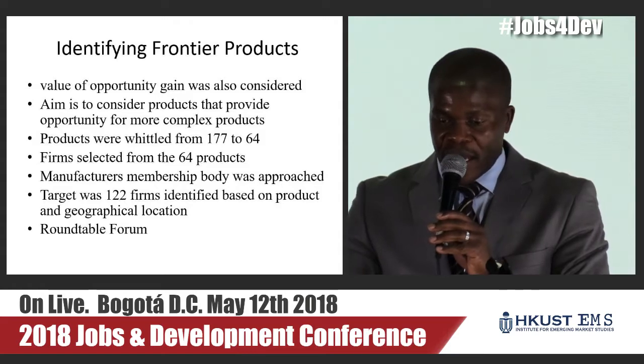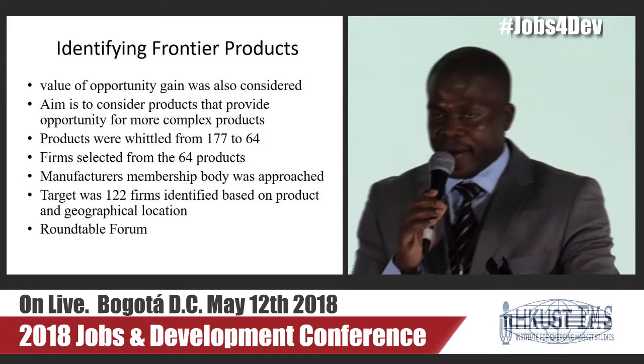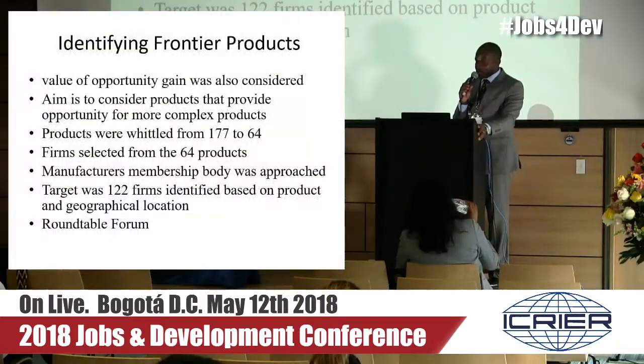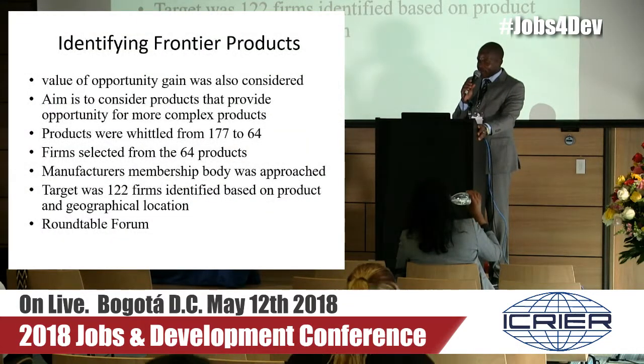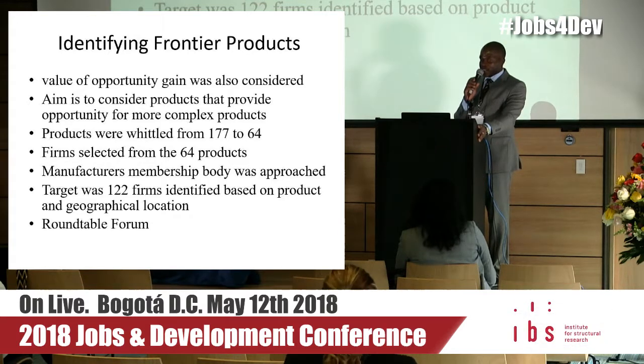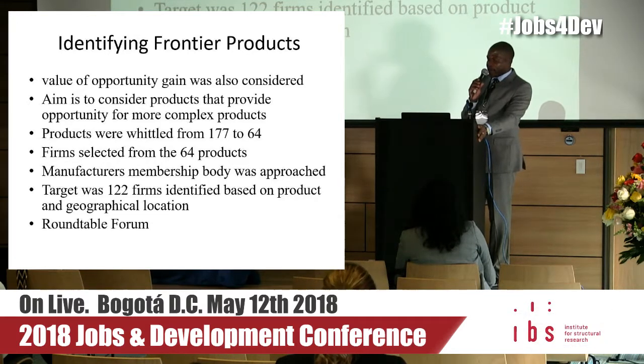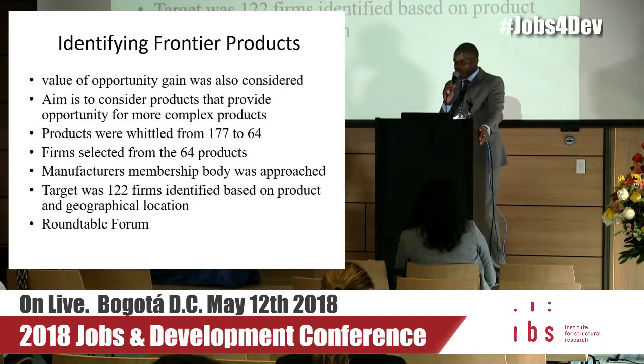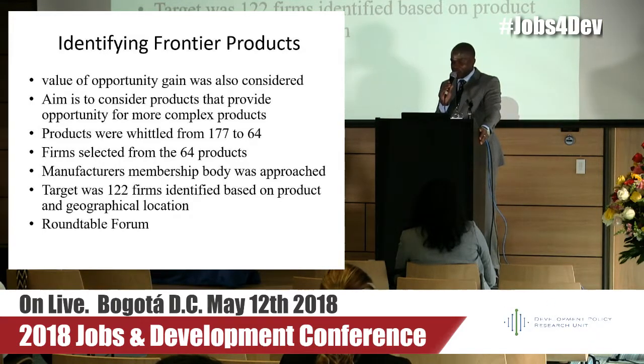So after these considerations were made, we arrived at 64 products that would provide the country with an opportunity to increase its complexity and at the same time create employment opportunities.